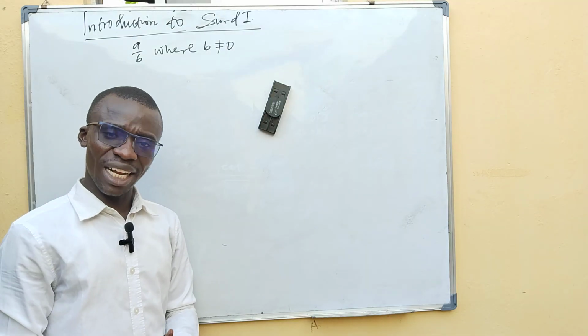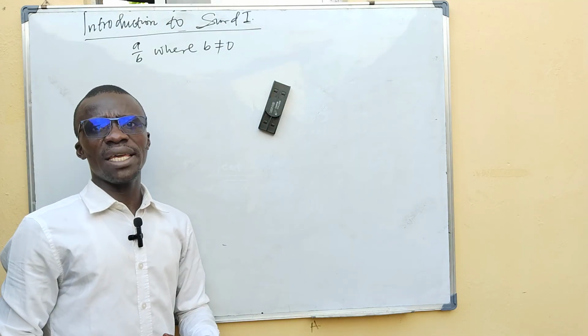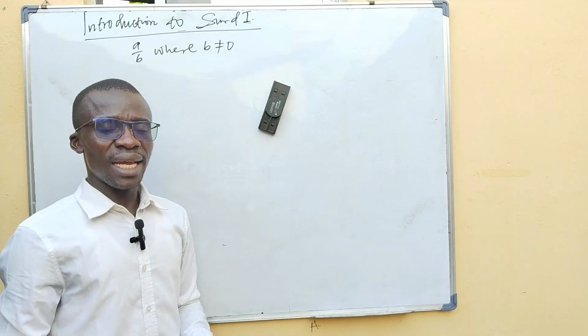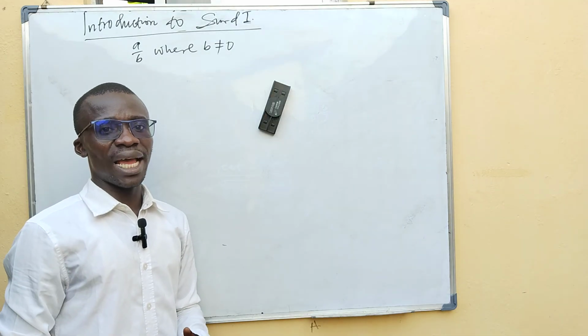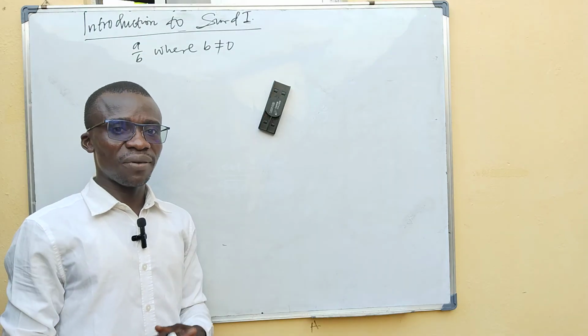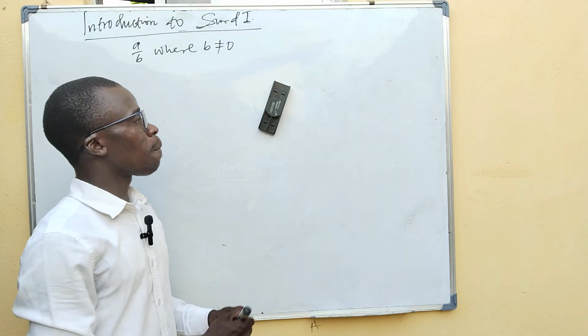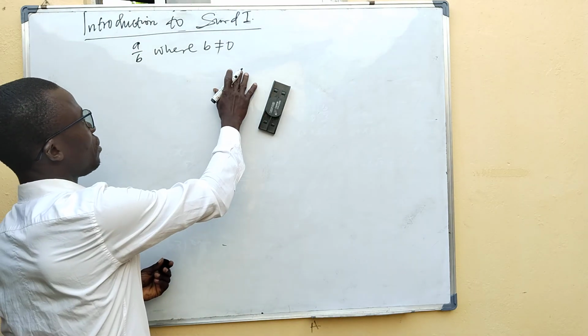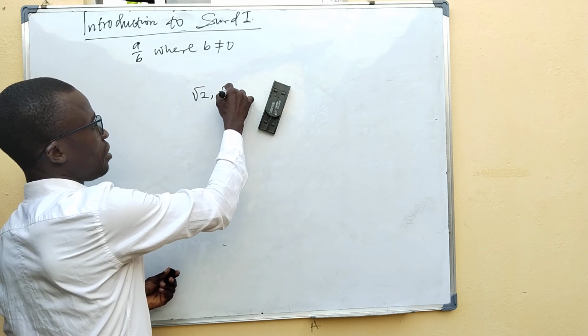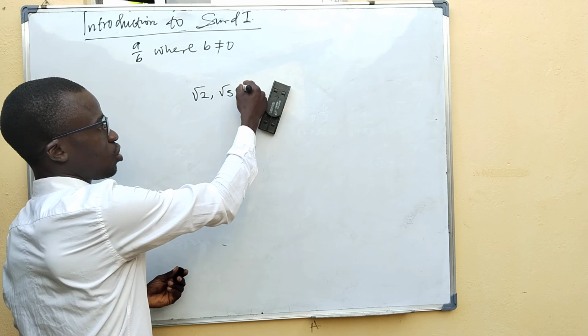What's an irrational number? An irrational number is a real number that is not expressed as a fraction. Now, how do I mean? Examples are square root of 2, square root of 5, pi, and the rest of them.